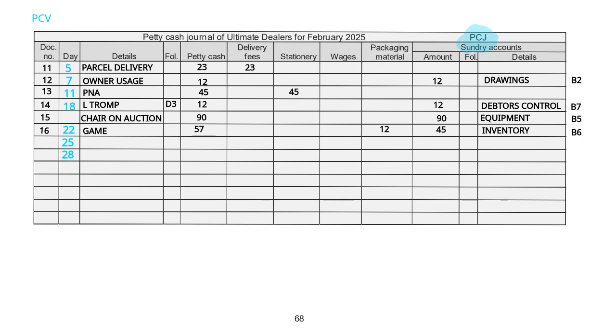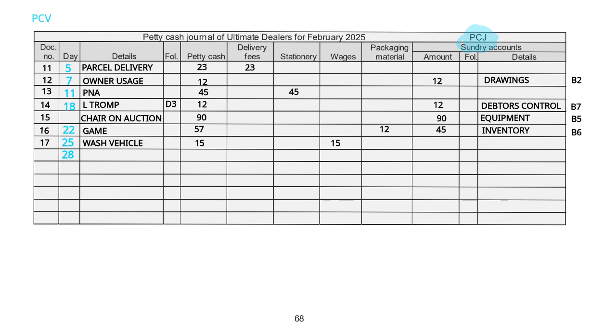Then on the 25th, paid 15 Rand out of petty cash for a worker who has washed the vehicle of the business. So it's petty cash voucher number 17. Wash of vehicle is your details. 15 Rand in the petty cash column and 15 Rand under wages. Remember, your workers earn a wage.